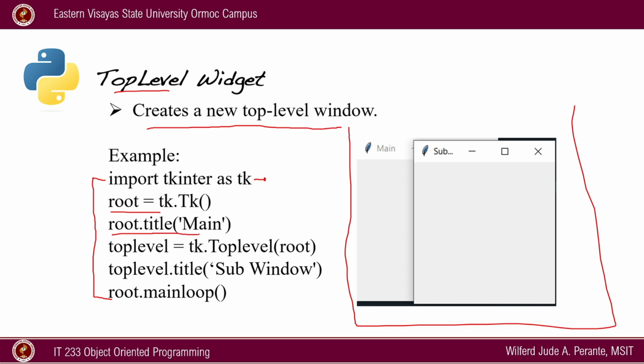So ito naman, the root title sets the title of our main window, which is this one. Well, being on the top level, that top level is equal to tk top level root, so create the new top level window that is associated with our main window. So this top level window separates from the main window, but still it manages our TKinter root.